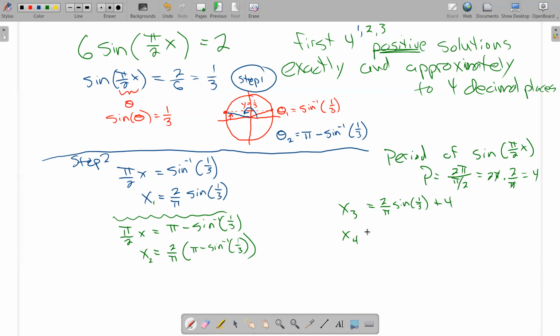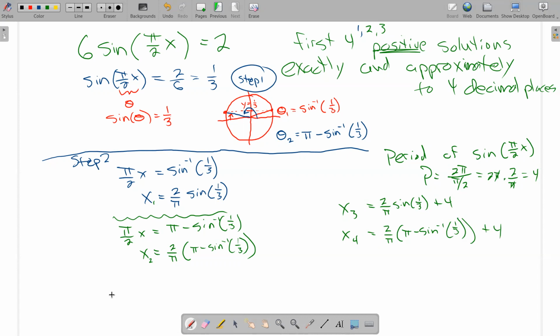So my fourth solution is going to be this crazy one there. You can multiply that 2 over pi through, but it really doesn't make things any better. So I'm just going to leave it as 2 over pi times parentheses pi minus sine inverse of 1/3, and then add 4 to that. So I'm going to use Desmos to check those.